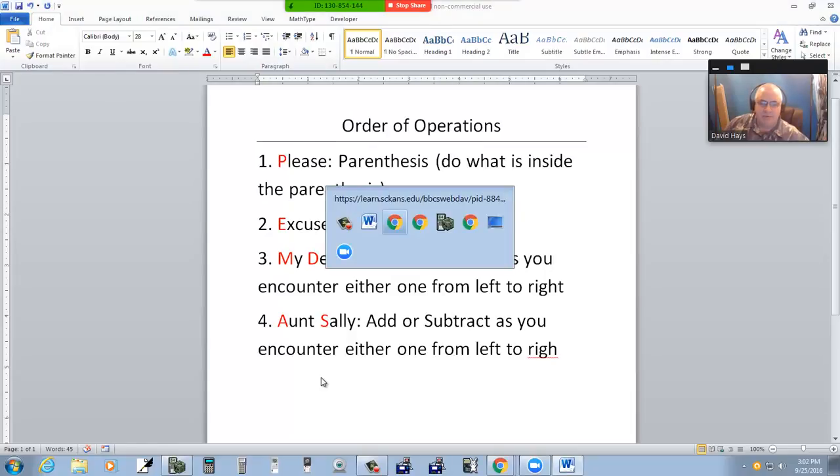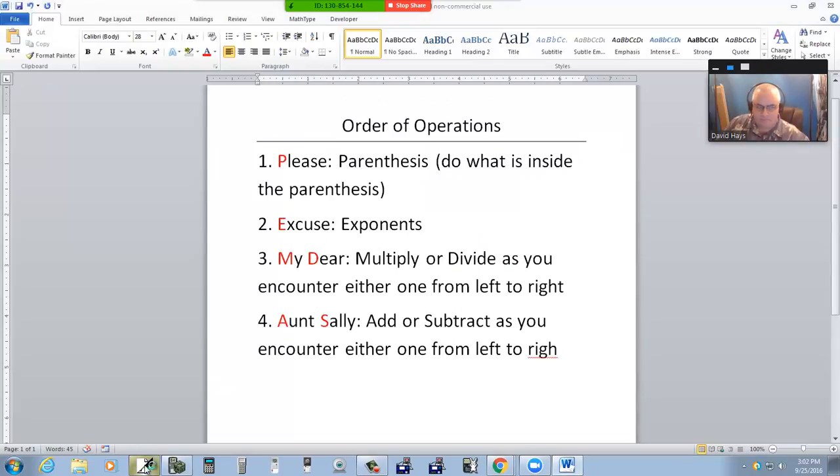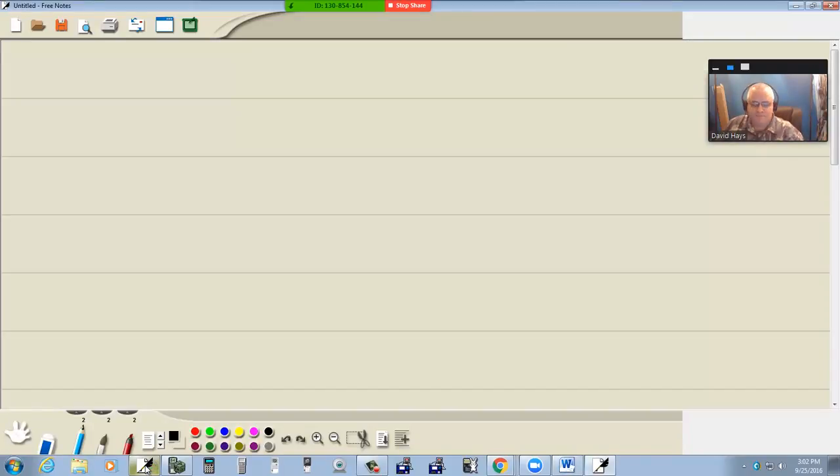Let's take a look at an example. We've got 6 divided by 3, to the third power, times 2, divided by 4.